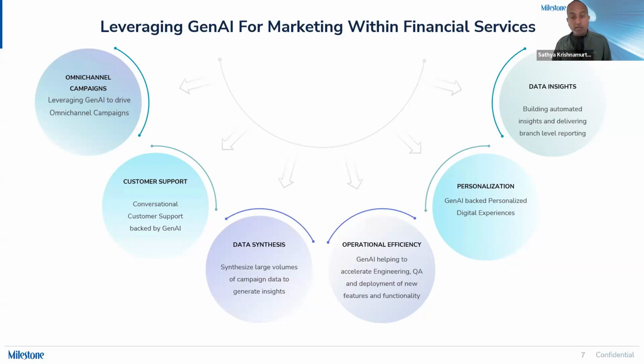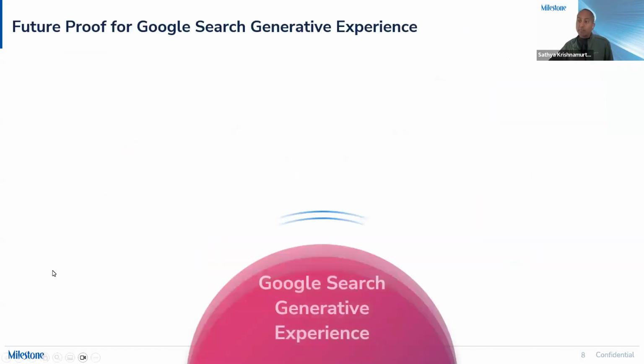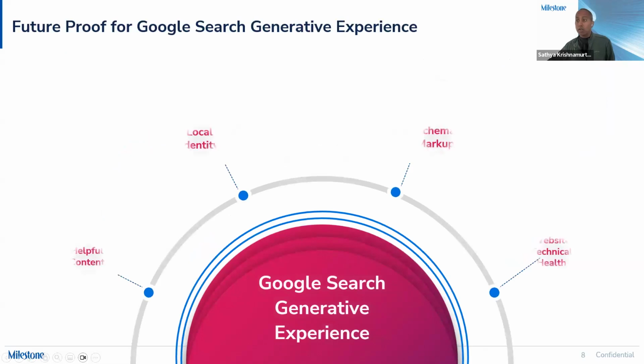Even the SEO manager sitting in a branch can think differently about how to improve the efficiency of the digital acquisition channels for that particular branch, rather than just looking at a huge volume of data. These are some of the things being actively used and experimented with by financial services with GenAI.